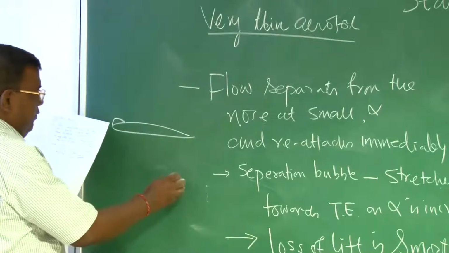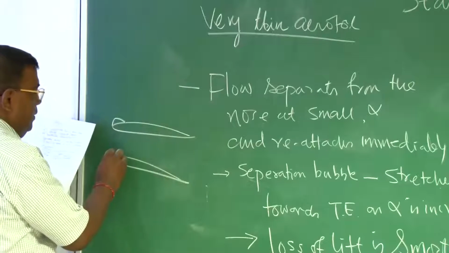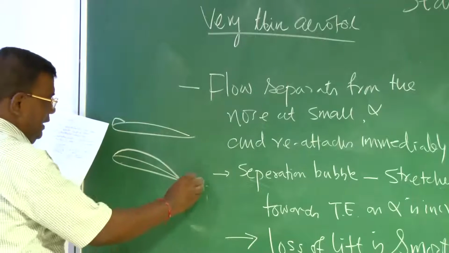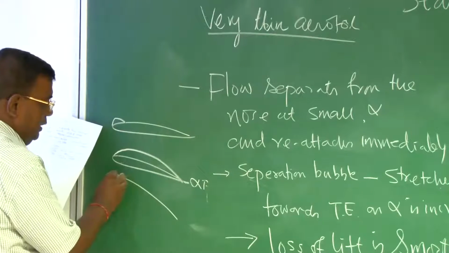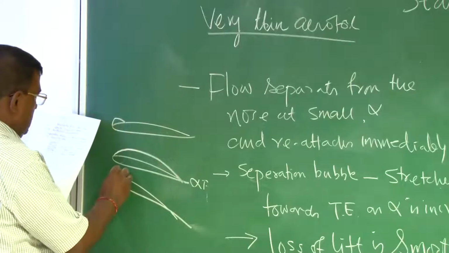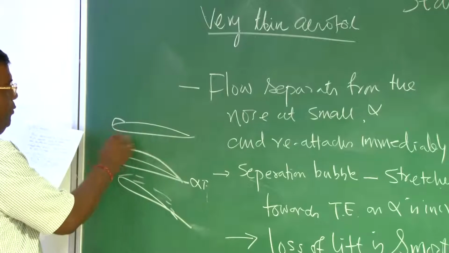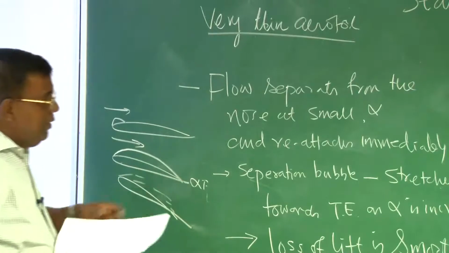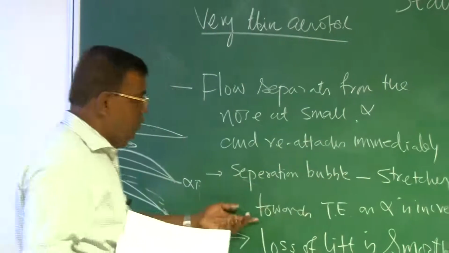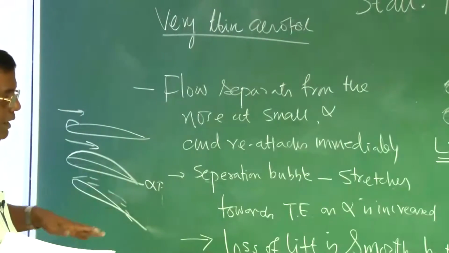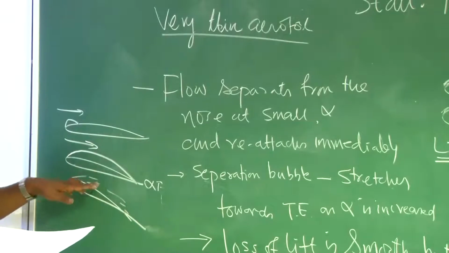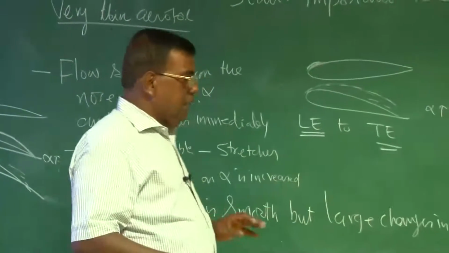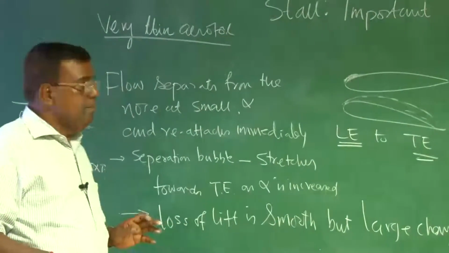Now, as I increase angle of attack, the separation bubble goes over this, and then further if I increase angle of attack, this whole separation bubble breaks. The movement is from leading edge to trailing edge. So the separation bubble stretches toward the trailing edge as alpha is increased, and there is a separation here. Observation is the loss of lift is smooth, but large change in pitching moment.